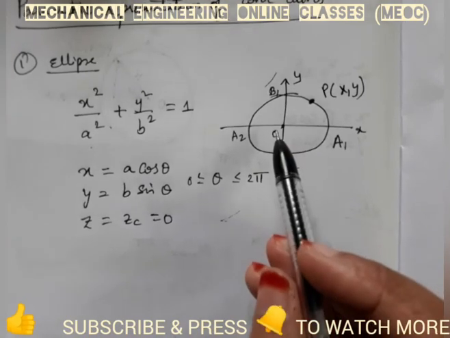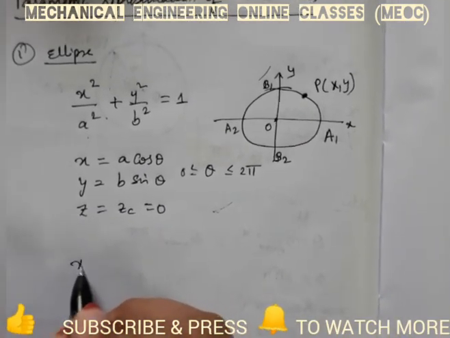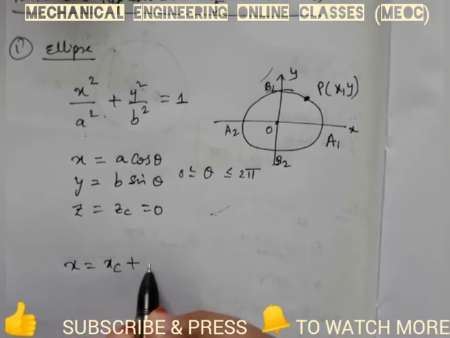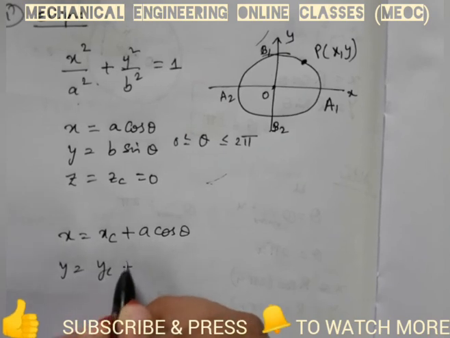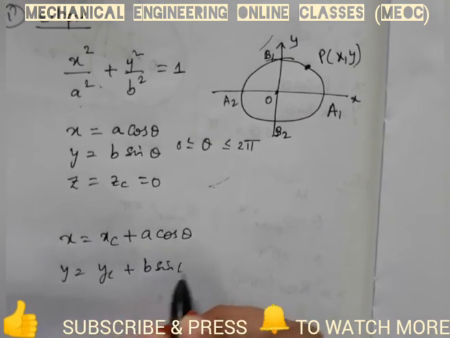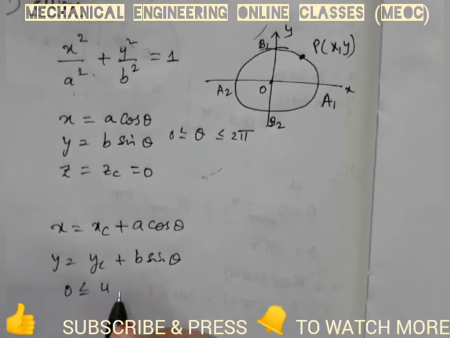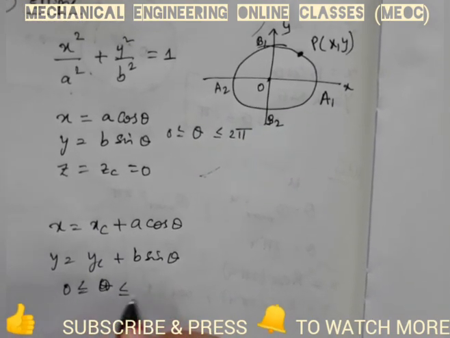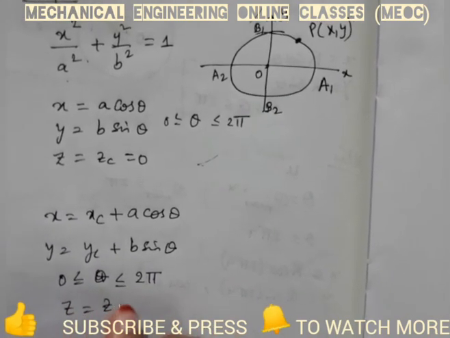In case the center is not origin, then we will have x as xc plus a cos theta, y as yc plus b sin theta, where 0 less than or equal to theta less than or equal to 2 pi and z is equal to zc.